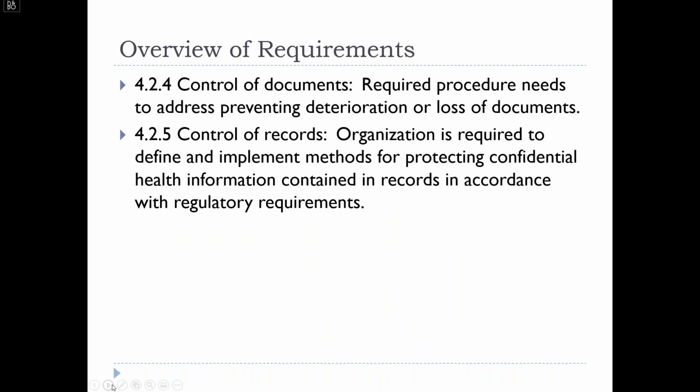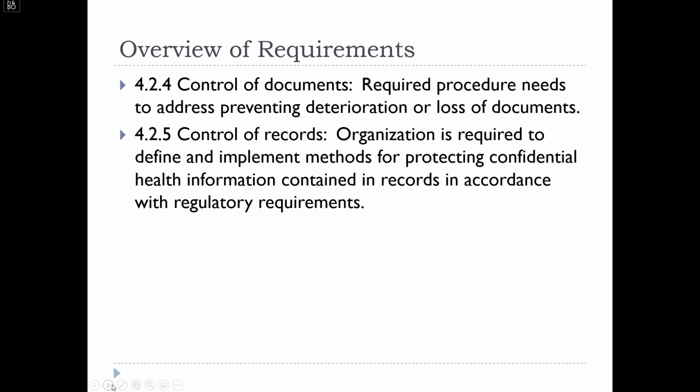4.2.4, control of documents. Here there is a very specific call out for a procedure, and that procedure needs to address preventing deterioration or loss of documents. 4.2.5, again, is very 13485 specific. The organization is required to define and implement methods for protecting confidential health information contained in records in accordance with regulatory requirements.